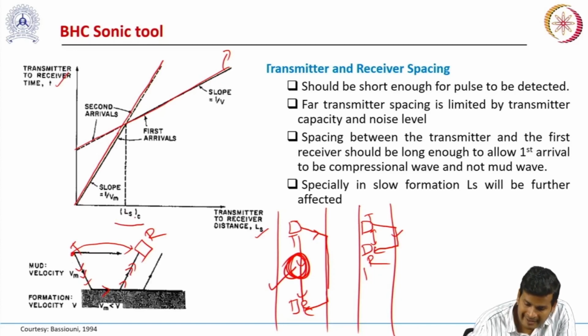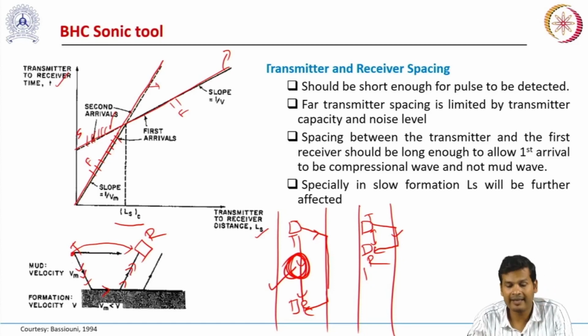Up to the critical spacing, the mud wave has the first arrival and the formation wave is the second arrival. After the critical spacing, the formation wave is the first arrival and the mud arrival is the second, because the formation takes less time after the critical spacing.